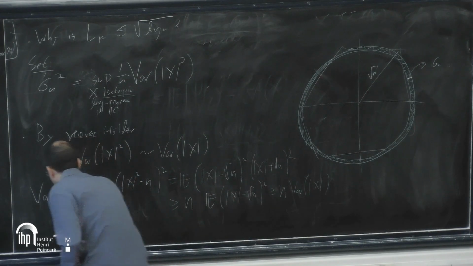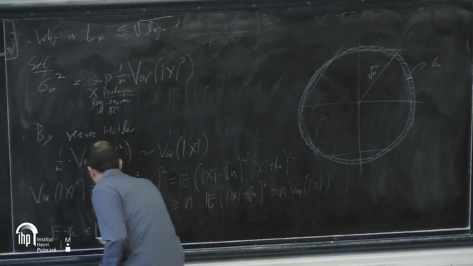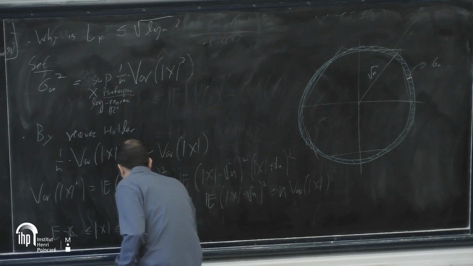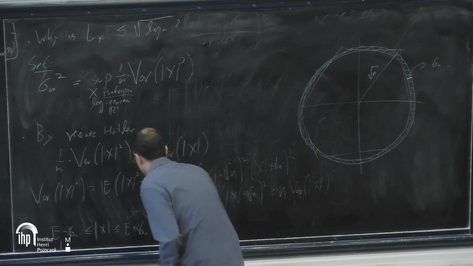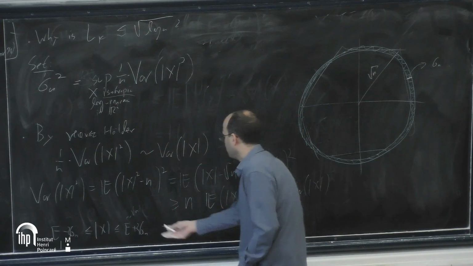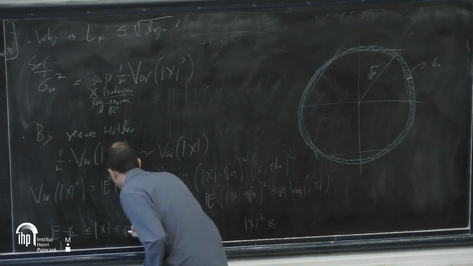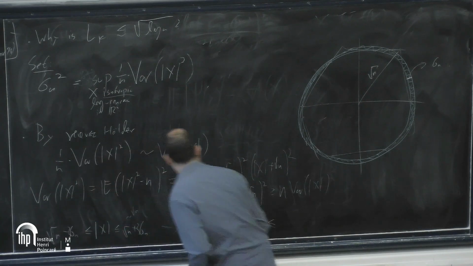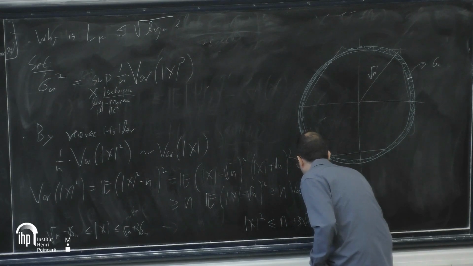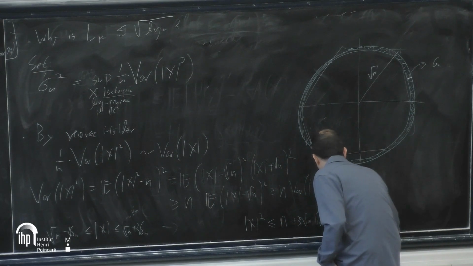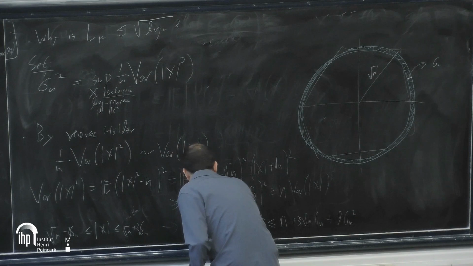And for the other direction, if you know that this set has large measure, let me put 3/4, so this set is large, you know that typically |X| is between these two things, and the expectation is roughly root n. This implies that |X|^2 with probability 3/4 or so would be between n minus 3 sigma n root n and n plus 3 root n sigma n.